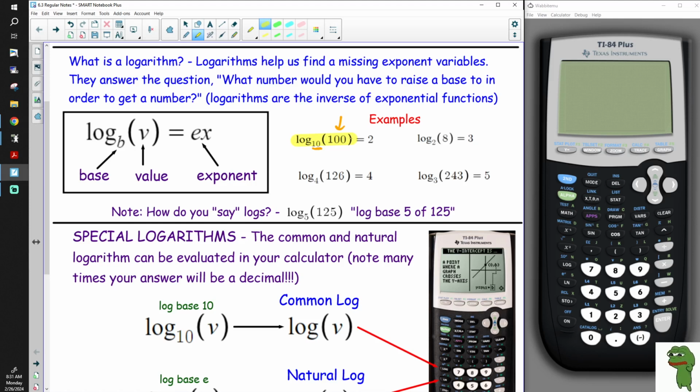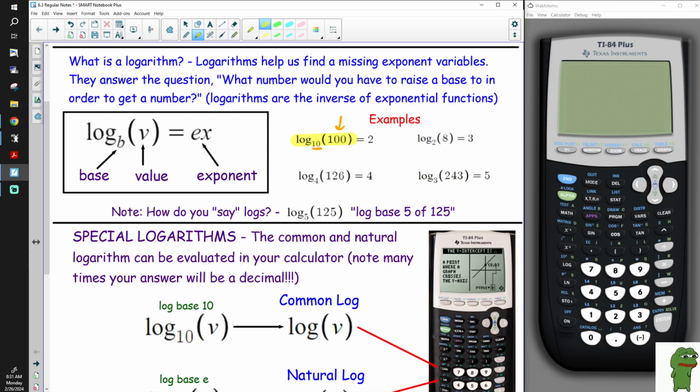Logarithms help us find those missing exponents that we don't know. That's its sole purpose in this world. They were created and discovered to find exponents that we don't know. Without them, we can't solve for an exponent.